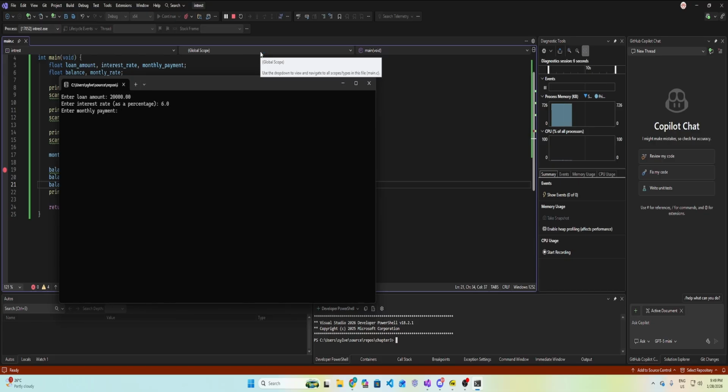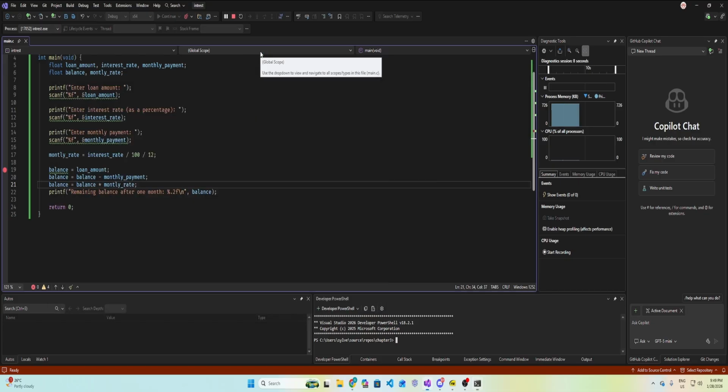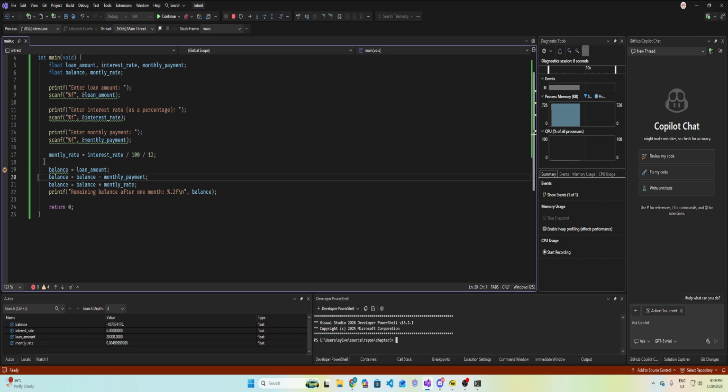Sorry, I just want to test this. 386.66. Nice. Balance is 20,000 minus the monthly payment. So the monthly rate is a very small number.